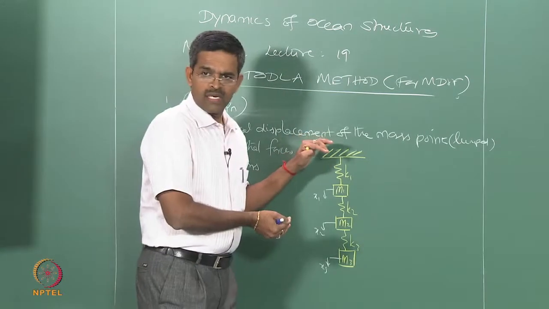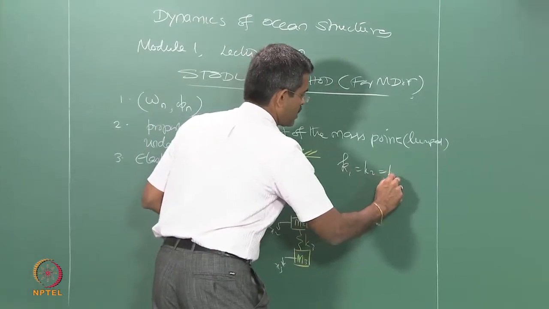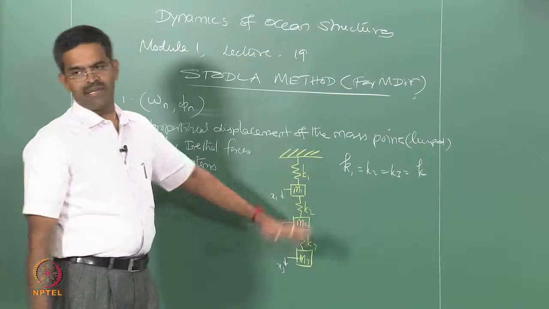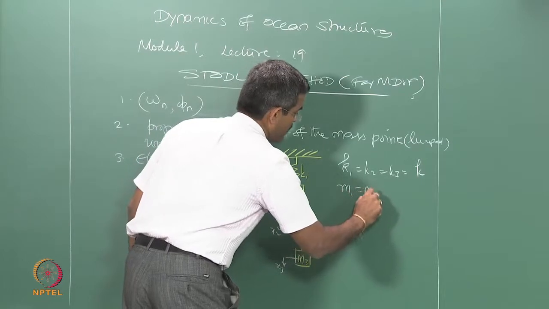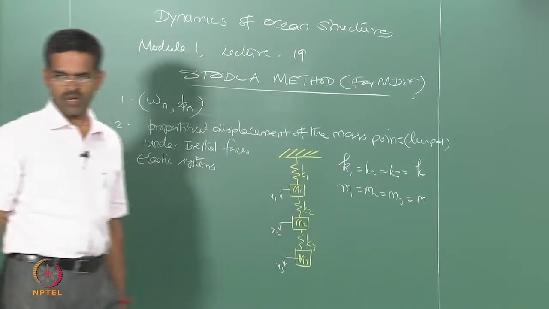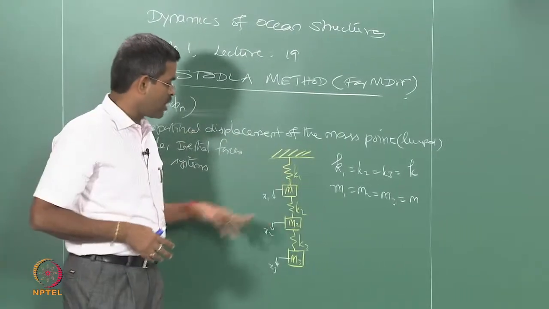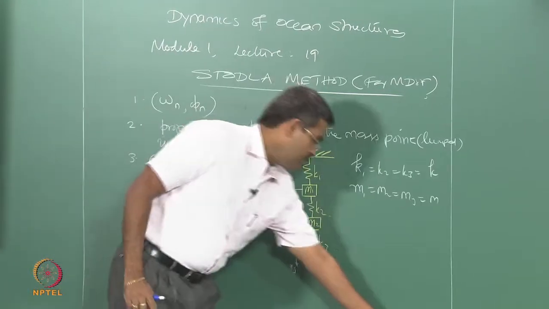Just for our understanding, we will keep k1, k2 and k3 the same. I will do another problem where they are varied, and let m1, m2 and m3 be the same as m for this problem. But I will take another example where this is 4k, this is 2k and this is k. We will just see how it can be easily handled, there is no confusion.